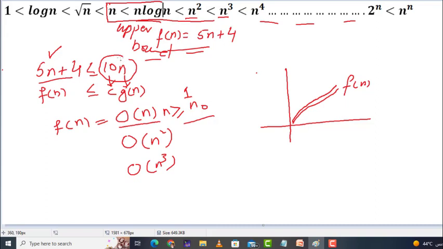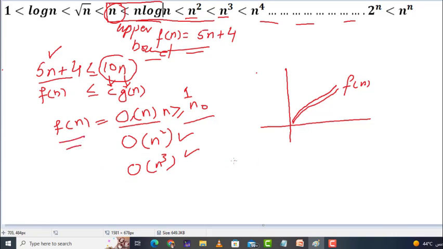Here 10n is more optimized compared to n square, n cube, and up to exponential functions. Even if I put n square, n cube, and so on, the condition is true, but the function is not optimized because there is a big difference between them.